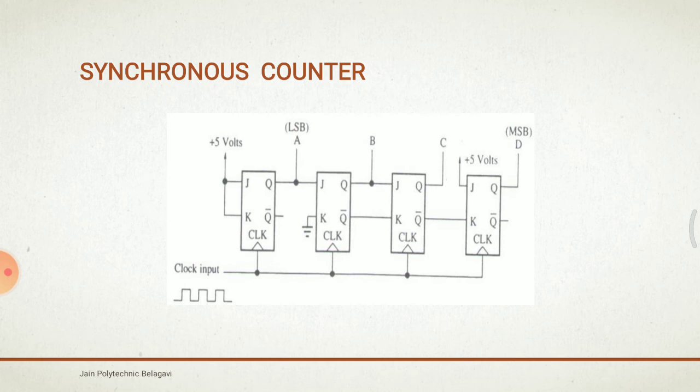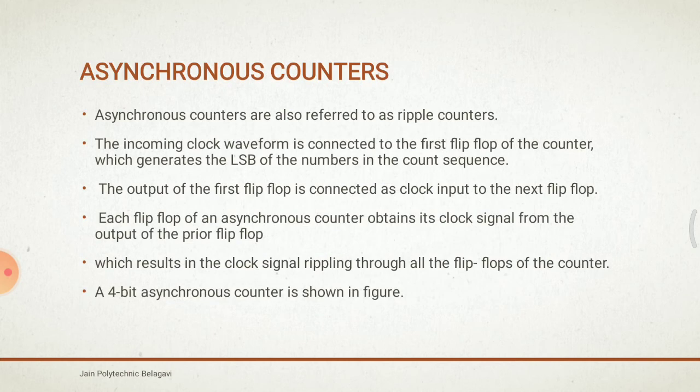Next, the asynchronous counter. Asynchronous counters are also referred to as ripple counters. The incoming clock waveform is connected to the first flip-flop of the counter, which generates the LSB of the number in an output sequence or count sequence. The output of the first flip-flop is connected as the clock input to the next flip-flop.